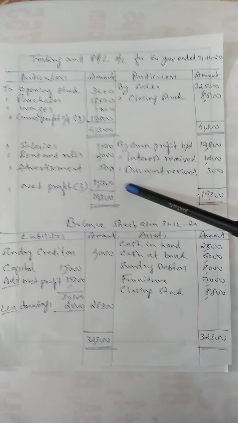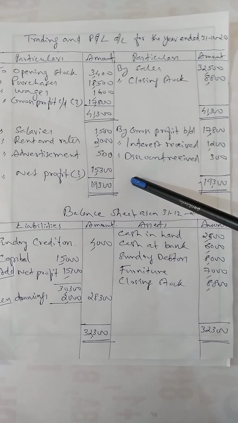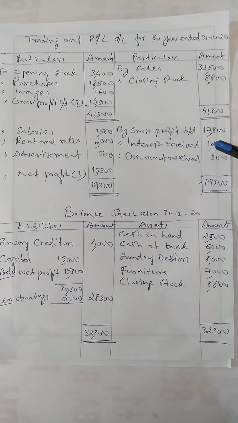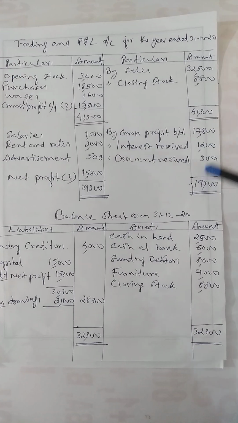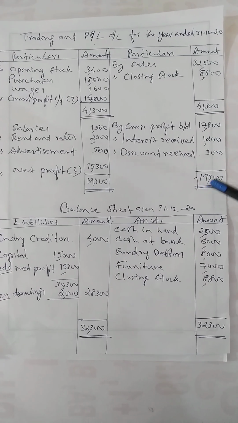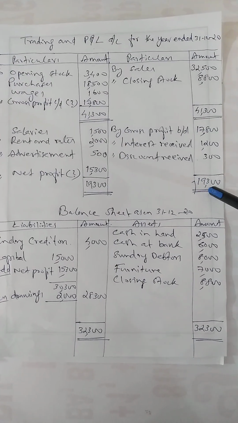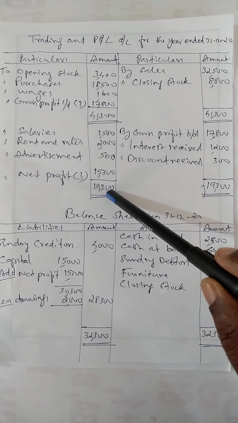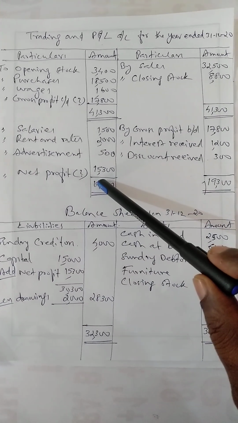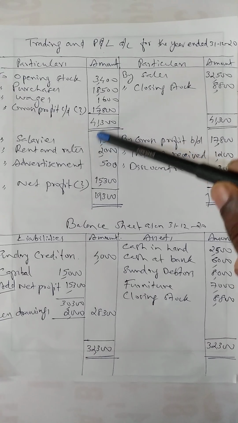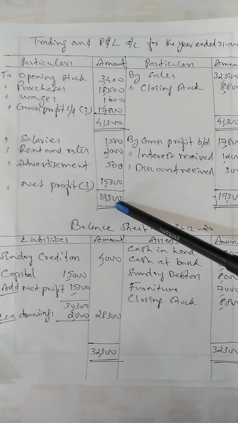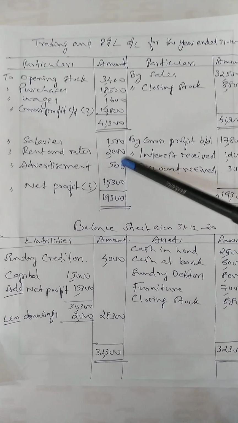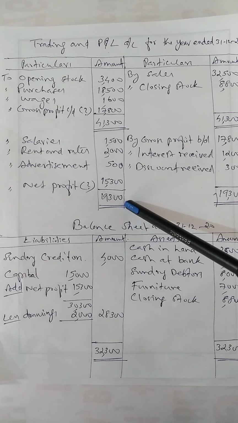Now we balance this profit and loss account. That means we take the total, find the highest total which is on the credit side. Okay, the highest total is on the credit side, which is 19,300. The same amount is to be shown on the opposite column at the same time, and we deduct the debit items from this amount. That means these three items should be deducted from this 19,300.